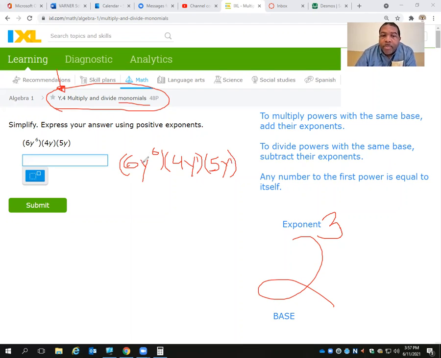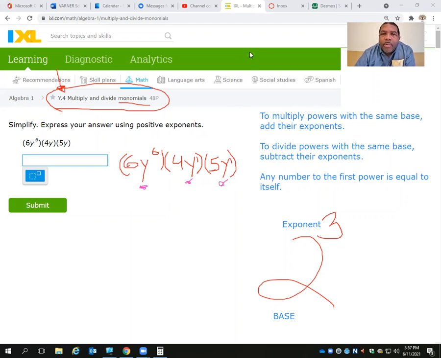And remember, we're looking at first the numbers and then the variables that have exponents. I like to start with our variables first. To multiply powers with the same base, y is our base. Here's a y, here's a y, and y.